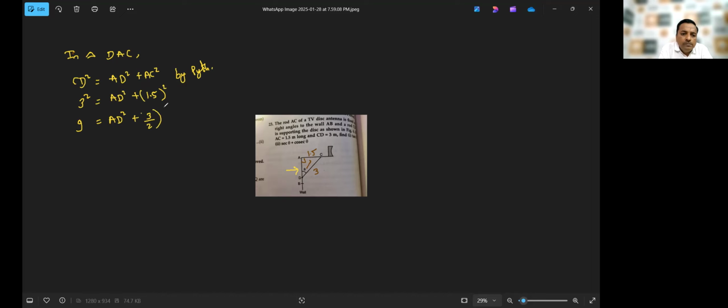So 9 is equal to AD square plus 9/4. शिफ्ट करते हैं, 9 minus 9/4 is equal to AD square. तो 4 गया यहाँ पे, 36 minus 9 upon 4, so this becomes 27/4. That is AD square.